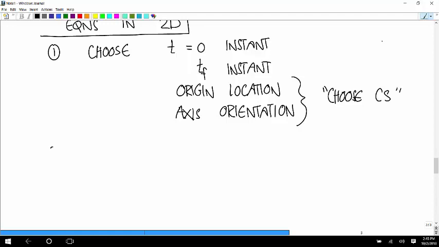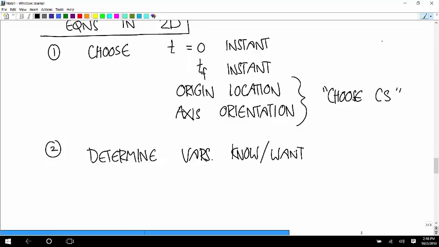And then once we do that, what was the second step? Yeah, so determine what variables you know and what variable you want. In 1D, we went through the list of 7 variables that we had. Now we have a whole bunch. Not quite 14 just because time isn't a vector, but yes, that's exactly the right way to think.